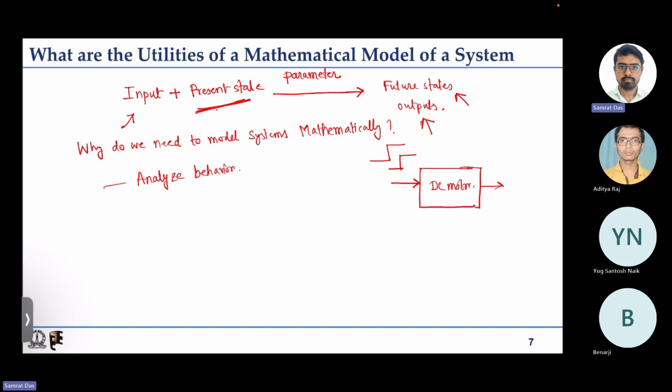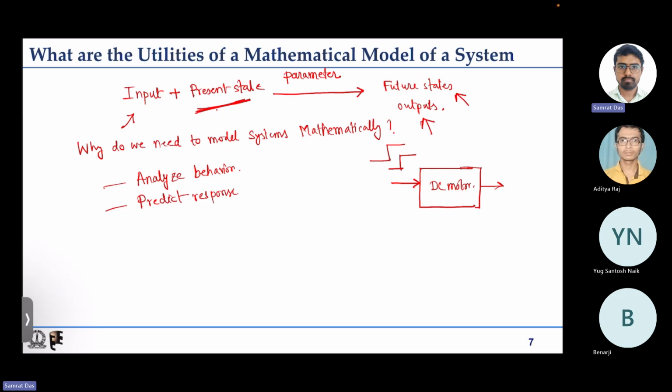We can analyze behavior and predict the response. Predicting the response means that if I change the input voltage, how will the outputs change?